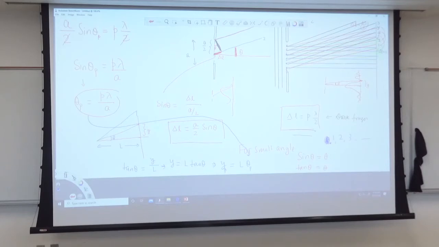So we have theta, which is P lambda over A. So this formula gives me the distance of the dark patterns from the center.